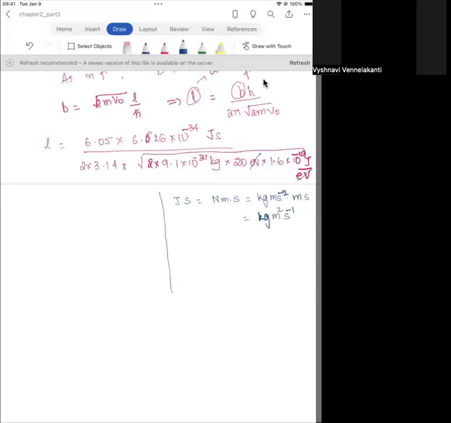Now let's take a look at the denominator. We have kg times joule, which is kilograms times Newton meter, which is kg times meter per second squared times meter. So it's going to be basically kilogram squared, meter squared per second squared. This is under the root, so it's just going to be kg meter per second. Now let's do the computation.